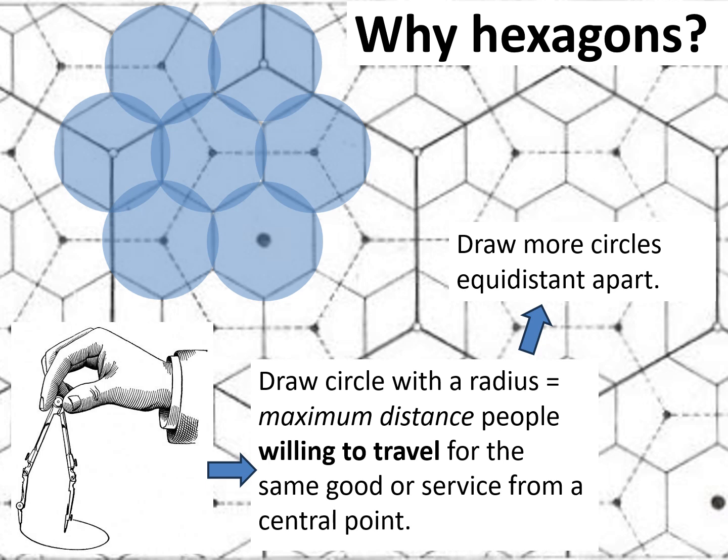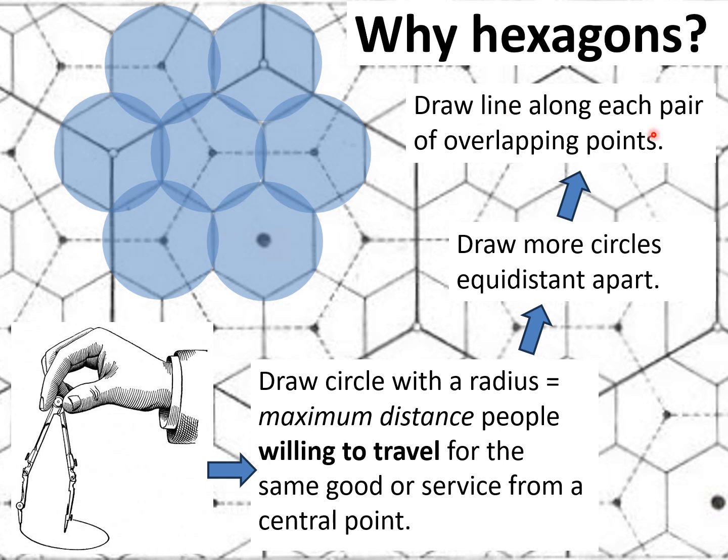We have the overlaps. Oh, let me get my little laser. We've got these overlaps, right? And the next stage is that we draw lines along each pair of overlapping points. So we go from here to there, from there to there, and so on. A bit like this, though I didn't actually trim these lines.